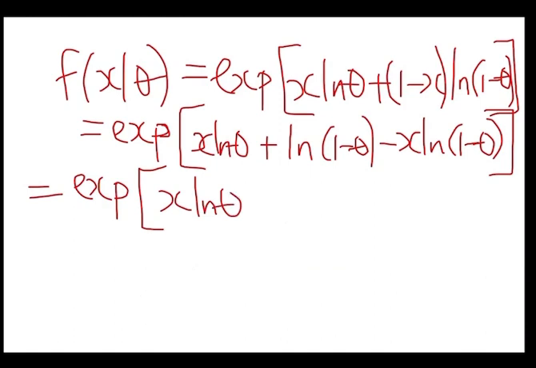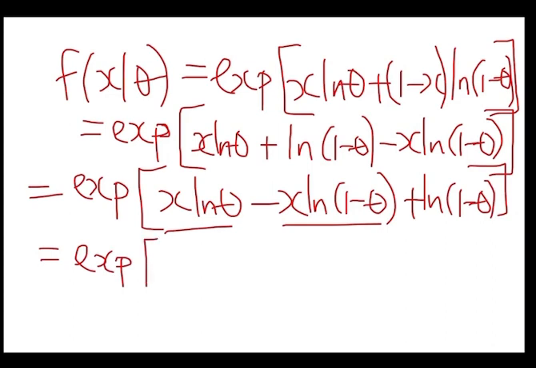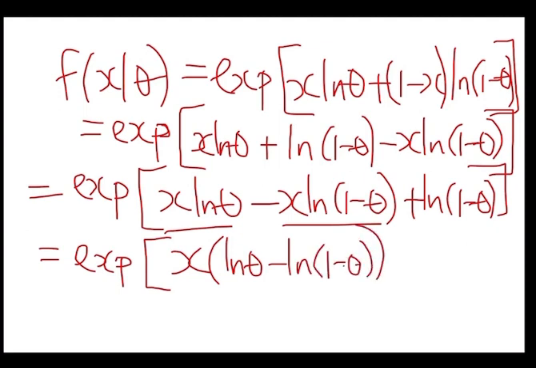So when you take a look at what I have here, it's the same thing as this, plus ln of 1 minus theta. You can rewrite that as x times ln of theta minus ln of 1 minus theta, plus ln of 1 minus theta.